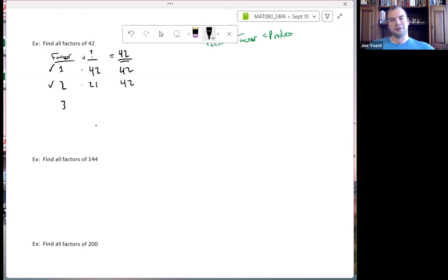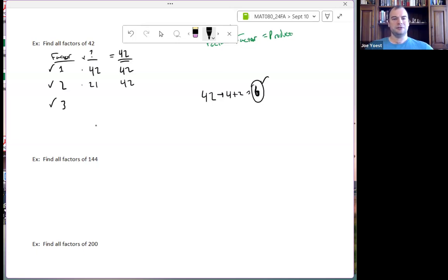What about 3? Is 42 divisible by 3? If I take the sum of the digits, 4 plus 2, that gives me 6. 6 is divisible by 3. It's 2 times 3. So yes, by divisibility rule.